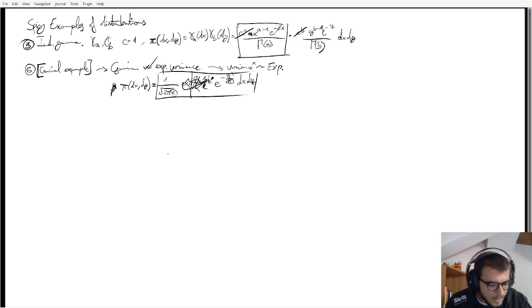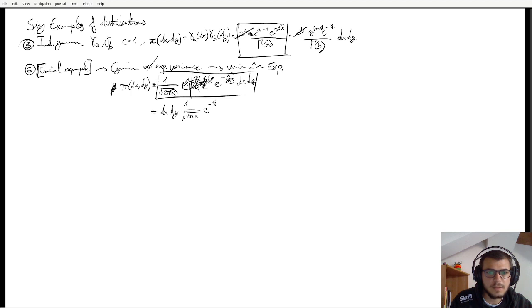And at this point, let's rewrite this in this way: dx dy. I don't know why the book prefers to put it in this way. 2x, okay, exponential minus y squared over 2x. And at this point we can see that we have two kinds of elements.